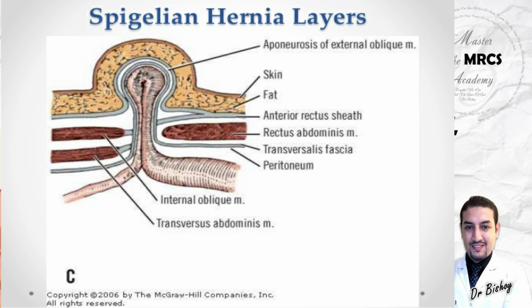So this hernia is along the linea semilunaris, which is the junction between the muscles of the anterior abdominal wall and the rectus sheath, where you can find this special type. And the trick here is that you have to preserve the insertion of the muscles and attachment while you repair.